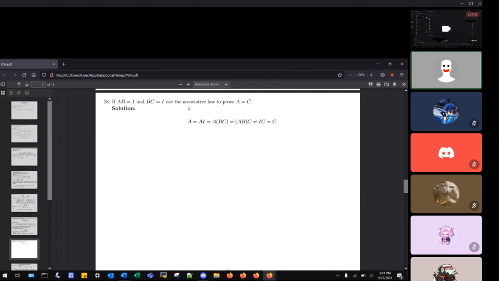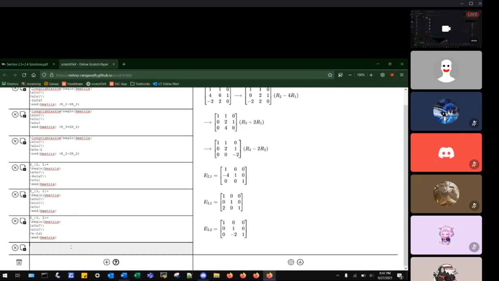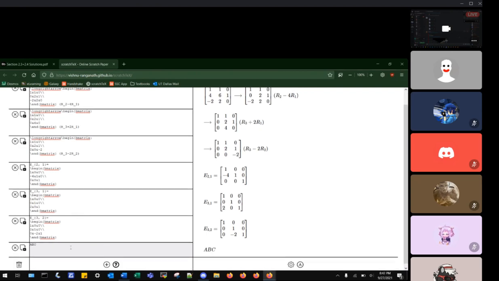Oh, by the way, matrix multiplication is associative, but not commutative. Grouping doesn't matter, order does.